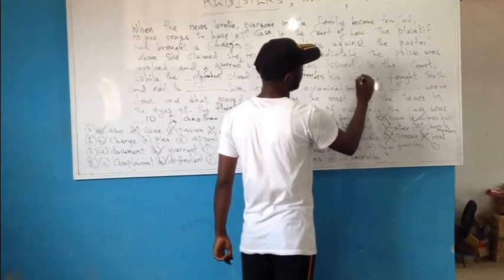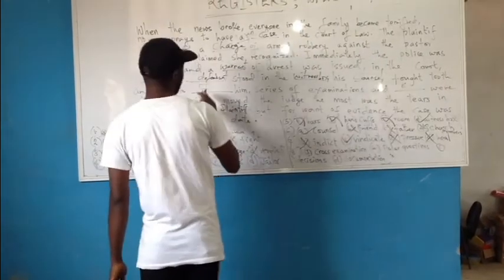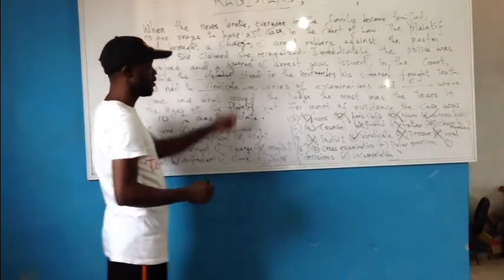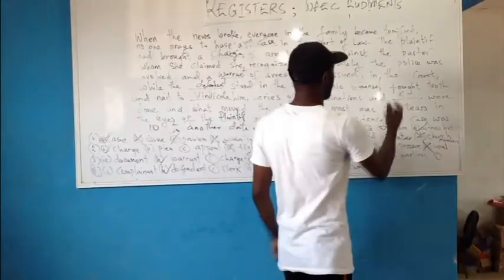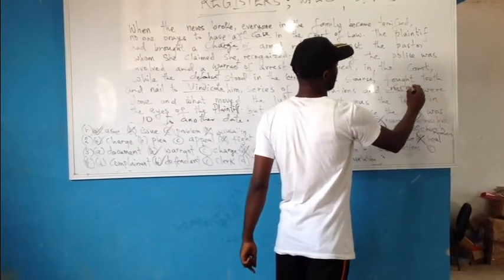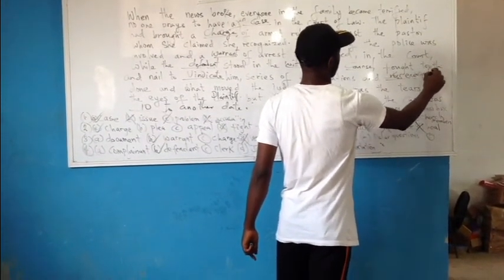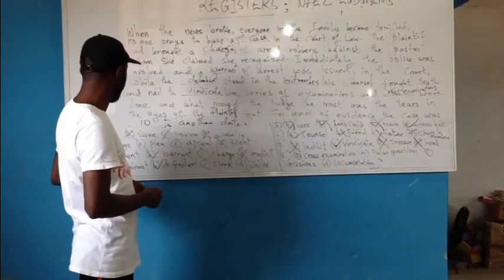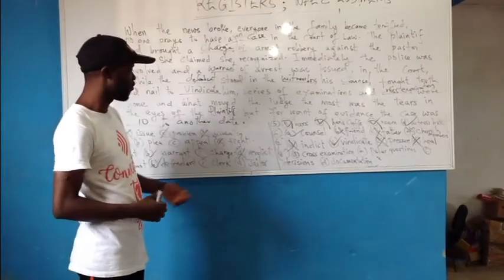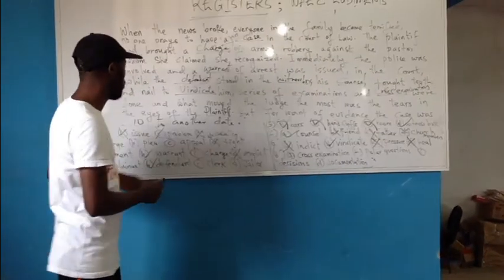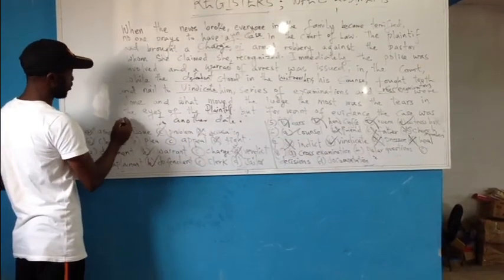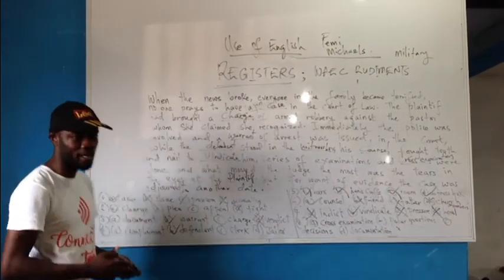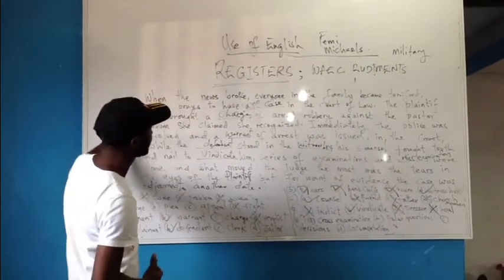His counsel fought tooth and nail to vindicate him. Series of examinations and cross-examinations were done, and what moved the judge the most was the tears in the eyes of the plaintiff. But for want of evidence, the case was adjourned to another date. Okay, and that ends that on register.